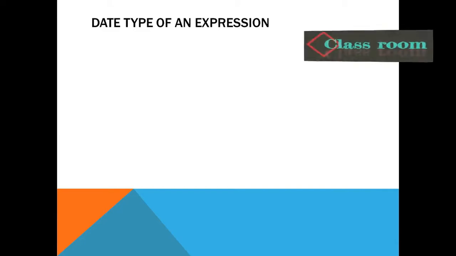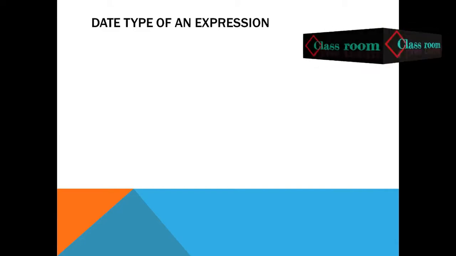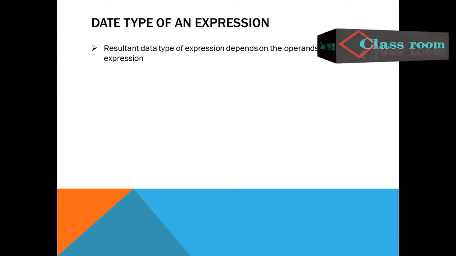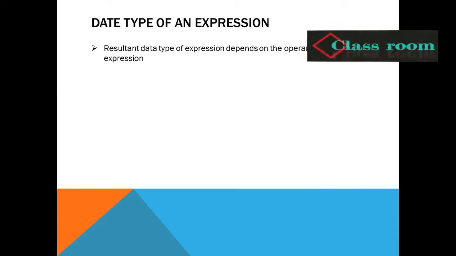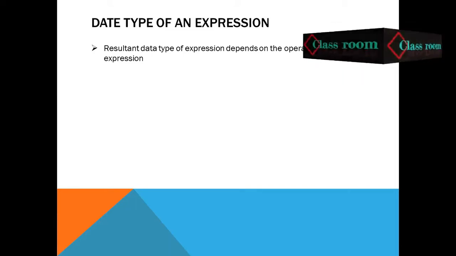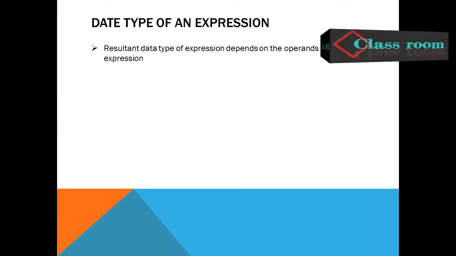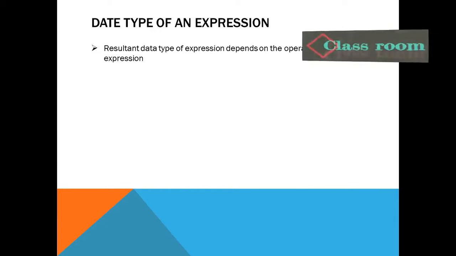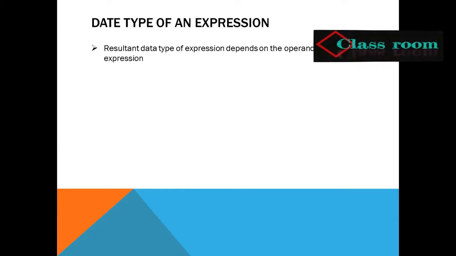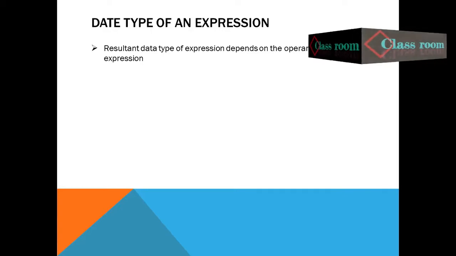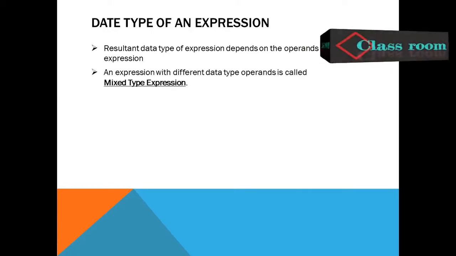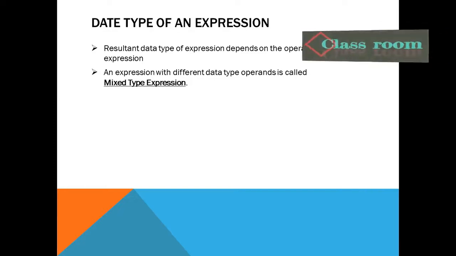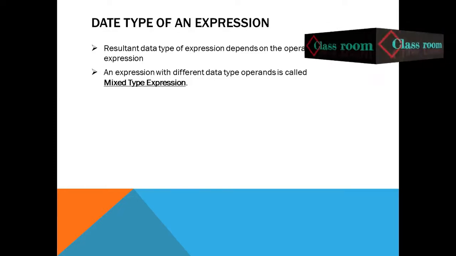Now the output data type of an expression. The resultant data type of an expression depends on the operands of the expression. Actually it depends upon the data type of the operands that are used in the expression. An expression with operands of different data types is called a mixed type expression.